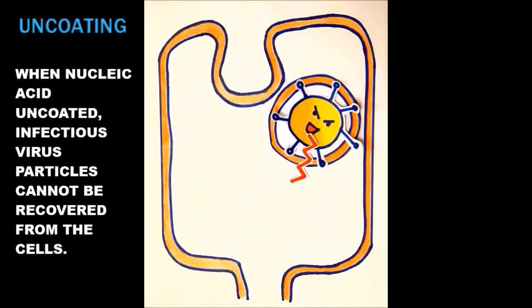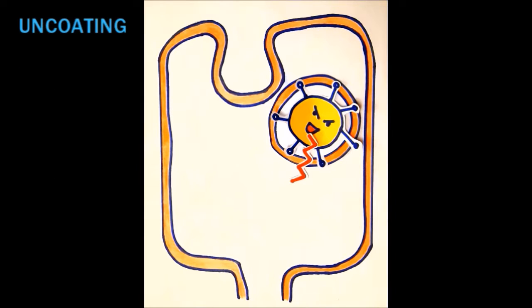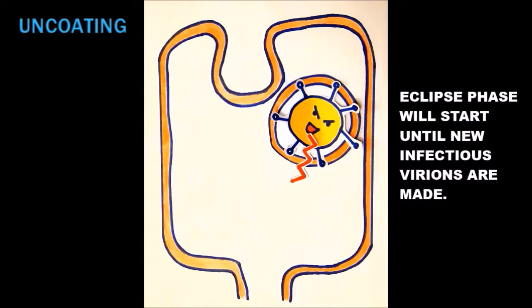When the nucleic acid is uncoated, infectious virus particles can't be recovered from the cell, and it starts off the eclipse phase. It will last until new infectious virions are made.